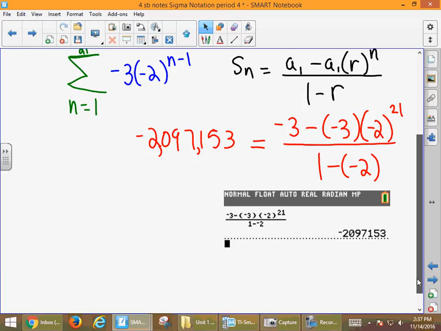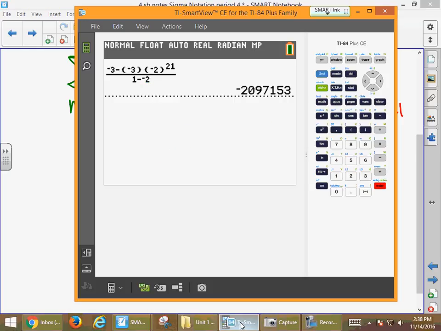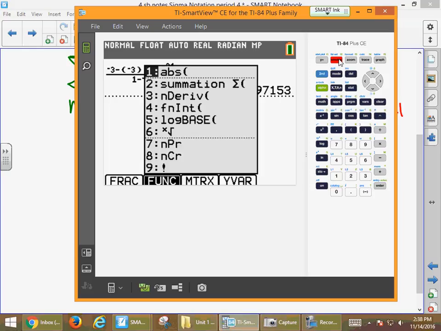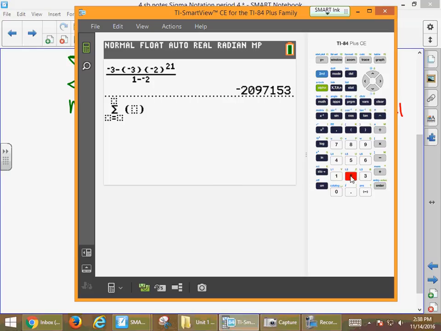One other comment here is that some of our calculators can type this in and check our work, and when we do, we have to be really careful with typing it in. It's alpha window and number 2. When we type this in, it's going to be x equals 1, arrow up to put in our 21, and then everything from our a sub n term needs to be inside of those given parentheses.